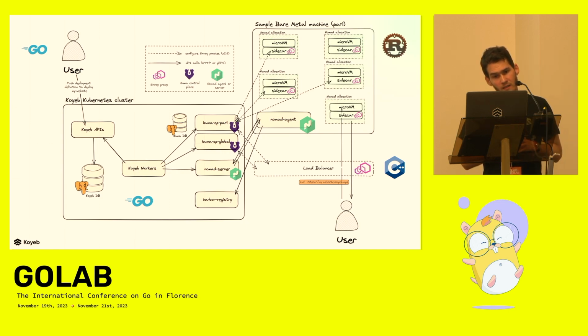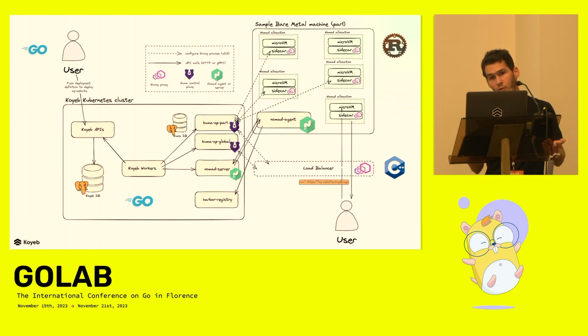Then there's a Postgres database, and we have a bunch of workers written in Golang which are pulling orders and dispatching them to Kuma and Nomad to propagate the configuration. On the right side, we see the critical path, because on the left side, we require performance to boot fast, but on the right side, you have the customer traffic.